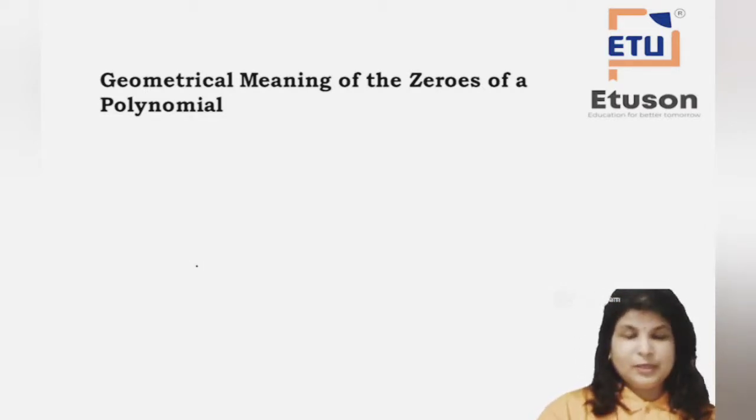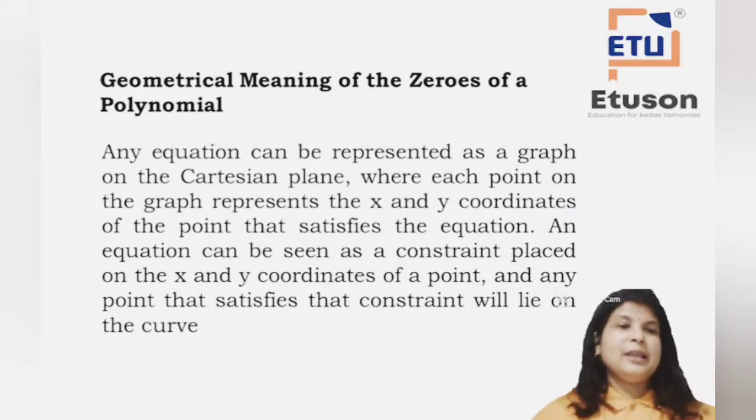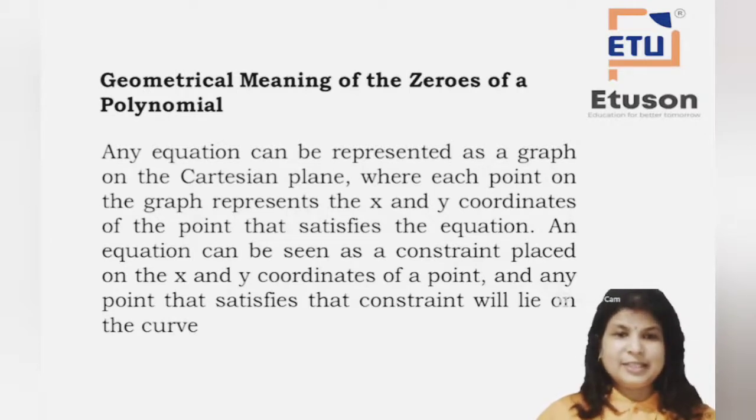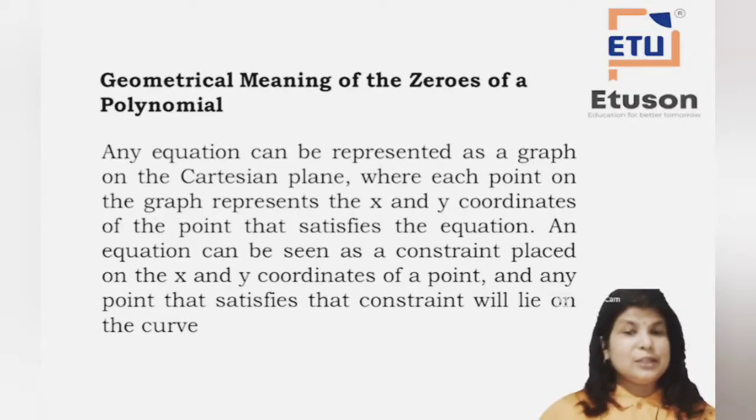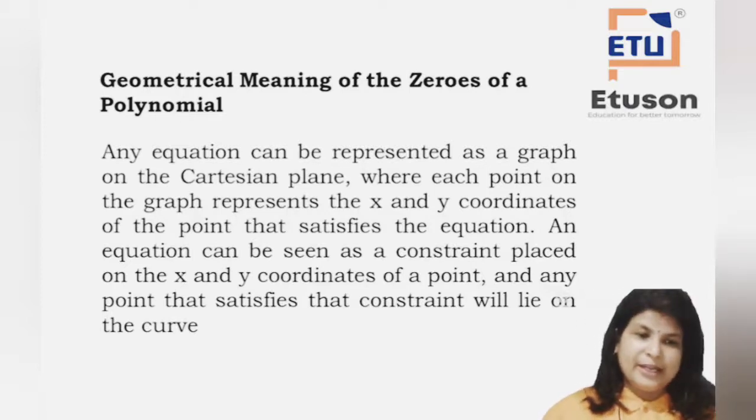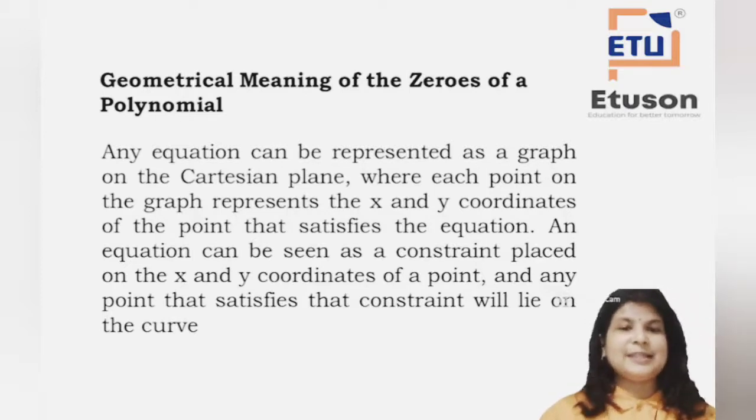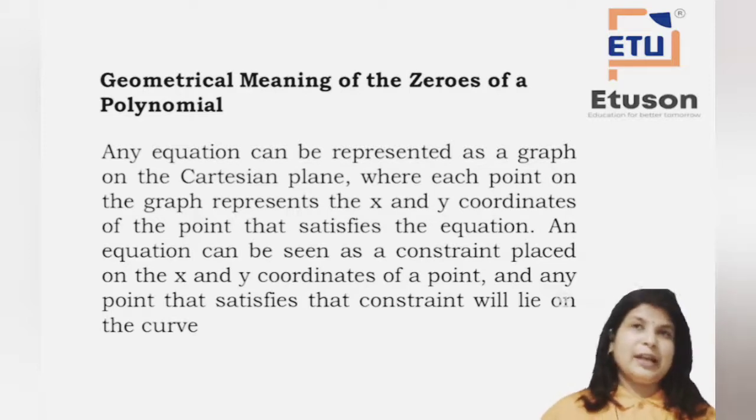So basically any equation can be represented as a graph on the Cartesian plane where each point on the graph represents the x and y coordinates of the point that satisfies the equation. An equation can be seen as a constraint placed on the x and y coordinates of a point, and any point that satisfies that constraint will lie on the curve.